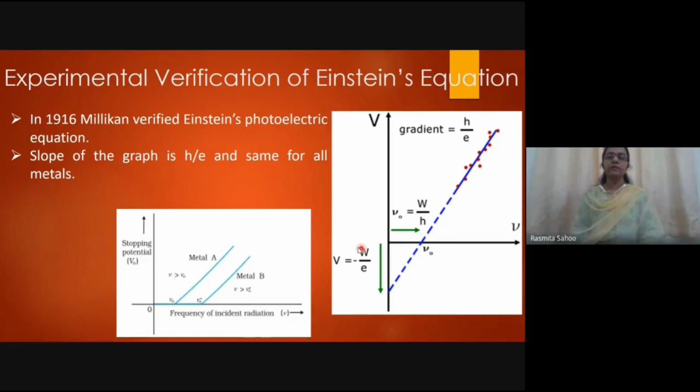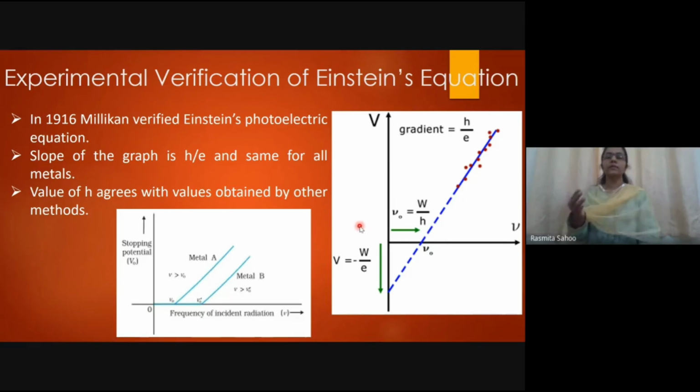So this value and this value, the stopping potential and the threshold frequency, depend on the metal, but the slope doesn't depend on the type of metal considered. This is how Einstein's equation is verified experimentally by Millikan.